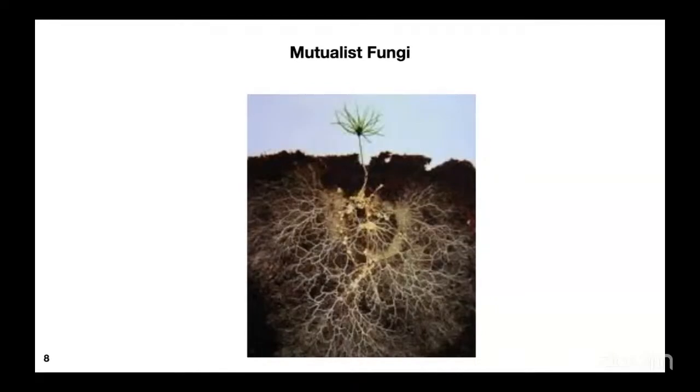Mycorrhizal fungi are those that go, most of them, into the actual cells. They're endophytic. Dr. James White spoke to us in the picture of the blue fungi, the endophyte that he told you was a fungal endophyte very early on in his presentation. We can consider mycorrhizal fungi as fungal endophytes.